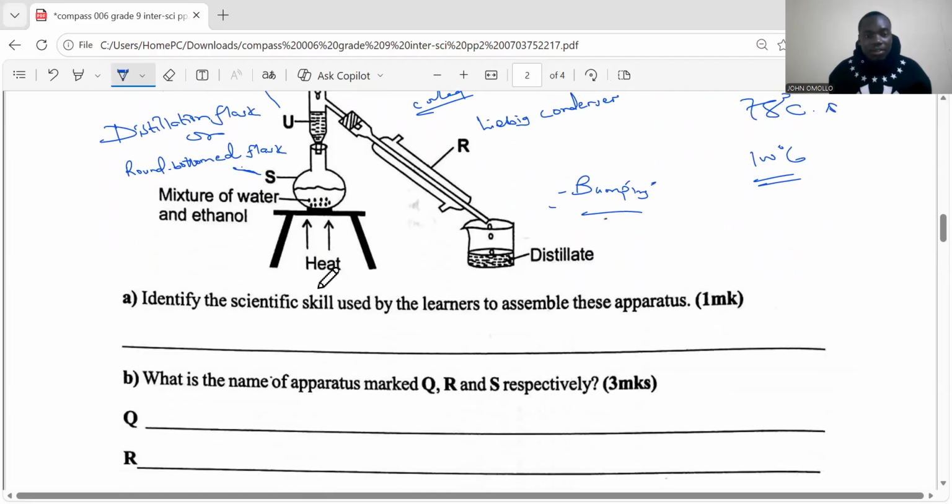So let's go to the questions. Identify the scientific skill used by the learners to assemble these apparatus. So we know that the scientific skill that is used in handling and assembling the apparatus is called manipulative skills.